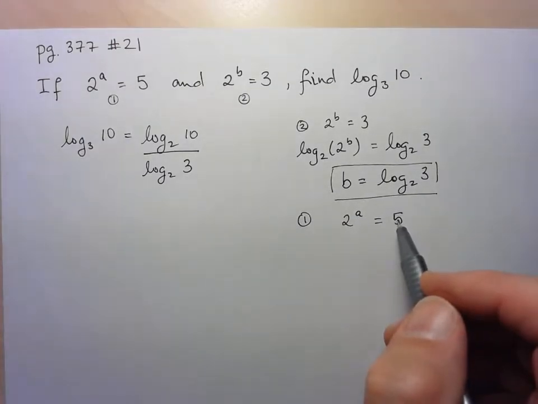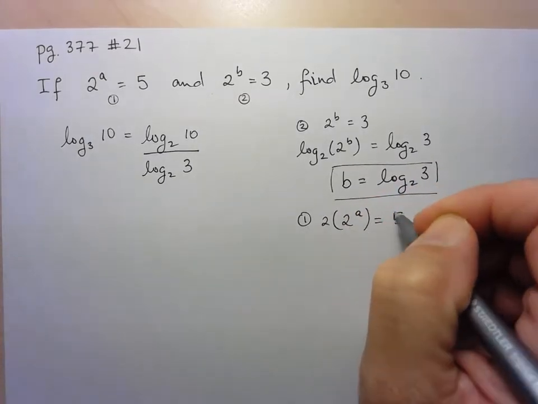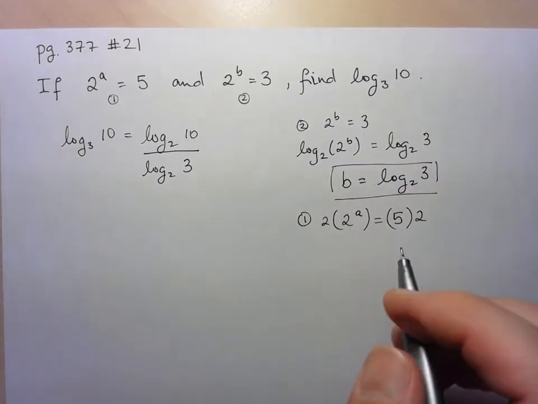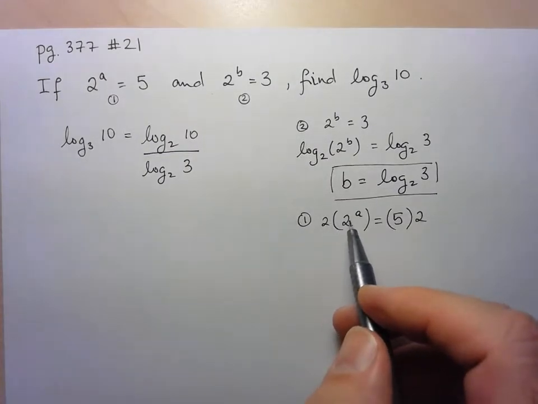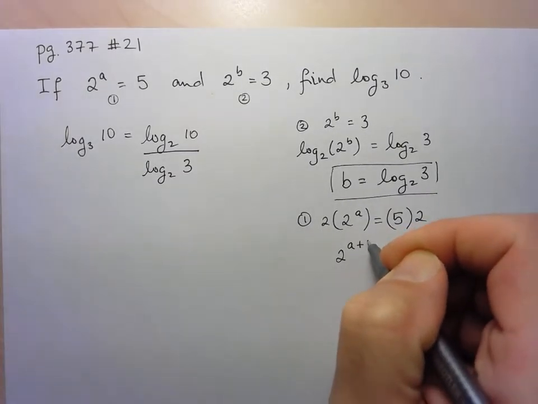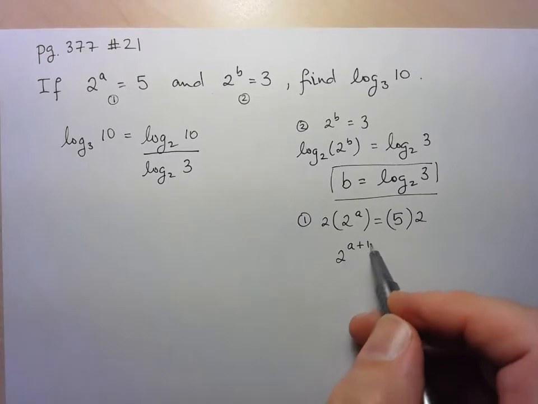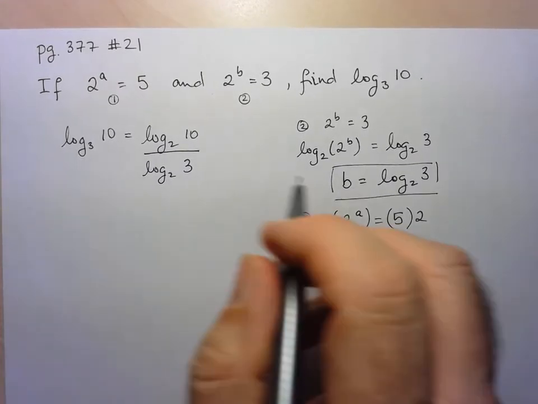I just multiply this by 2. If I multiply that by 2, of course I have to do the same thing to the other side. That works out quite nicely because it's the same base as my power. So I can now use my first exponent law to write this as 2 to the a plus 1, which is what I want, a single exponential expression equal to the number that I want, which is 10.